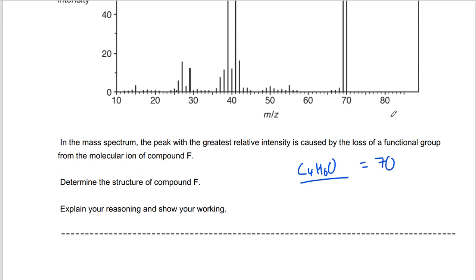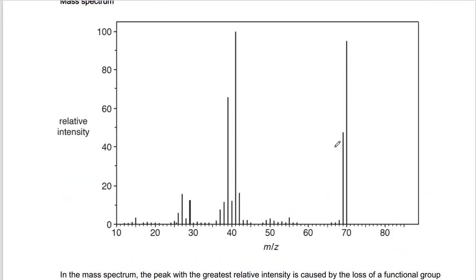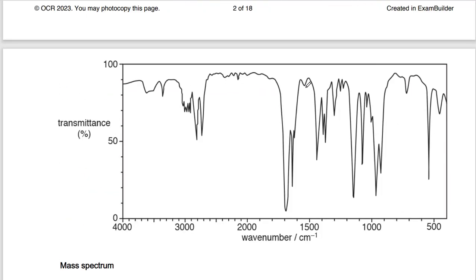So that is the molecular formula. Now, that explains the peak at 70. We've got a big peak here at 41. Okay, so I'll just put there 41. That might need explaining later. Now, let's take a quick look at our IR spectrum. So not a lot going on here. Not a lot going on at all.